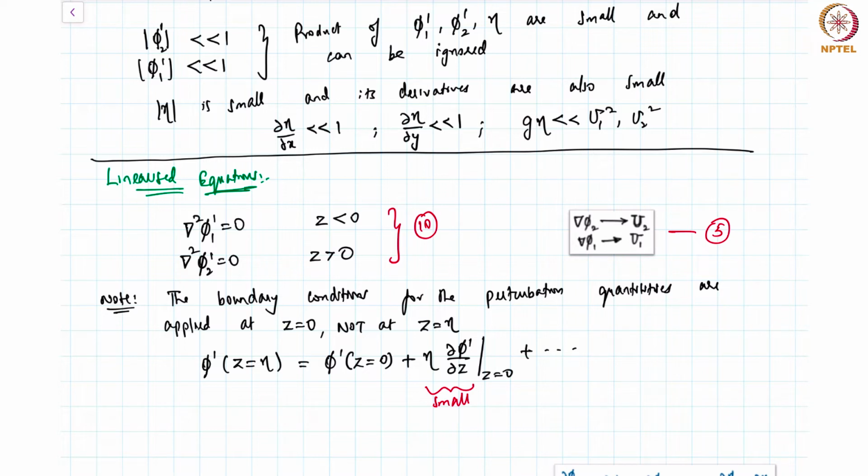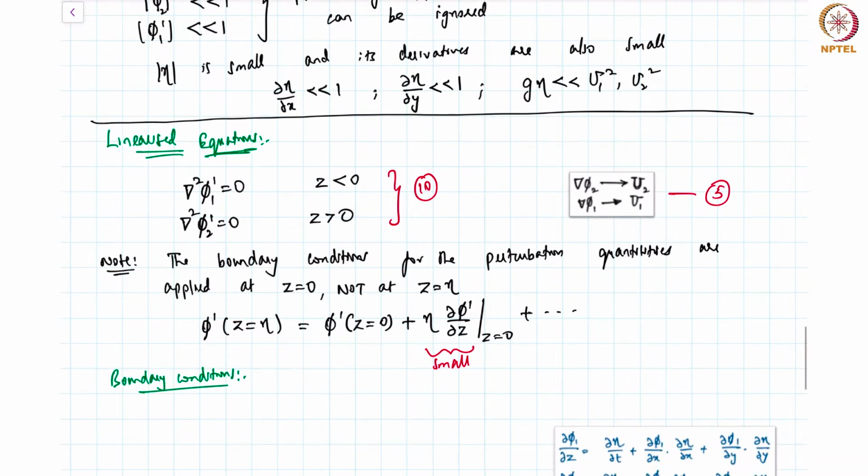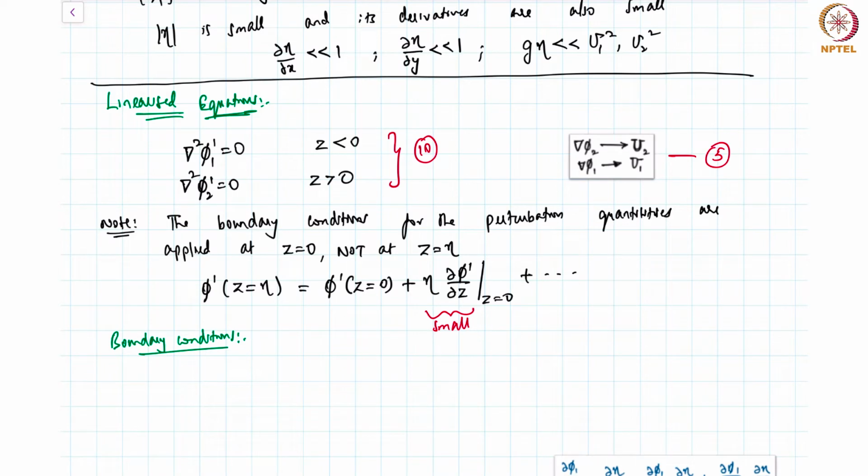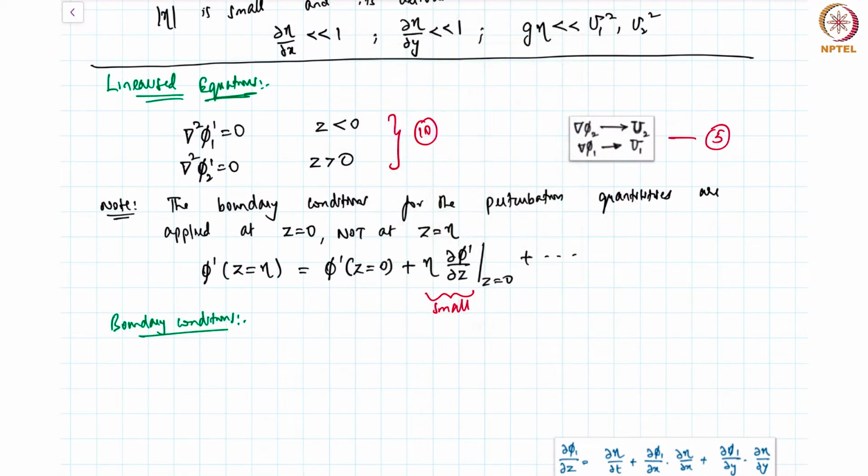The boundary conditions would be, the first boundary condition would be del phi 1 prime goes to 0 as z goes to minus infinity. So note that the condition 5 says del phi 1, the total quantity, goes to u1 as z goes to minus infinity.